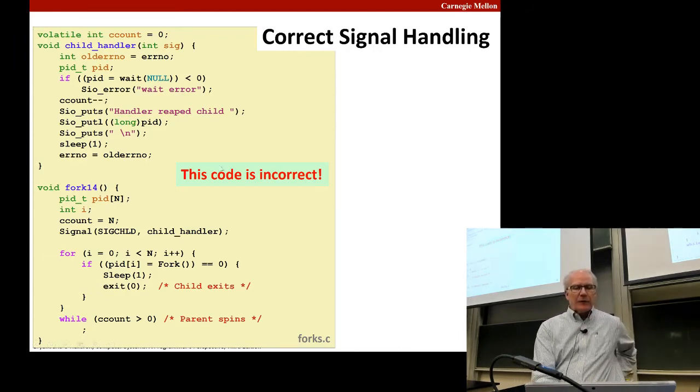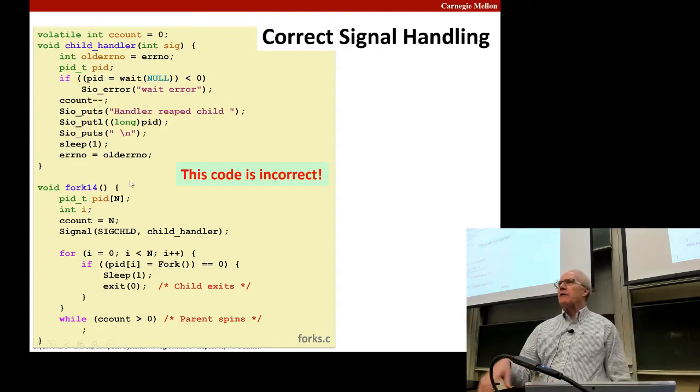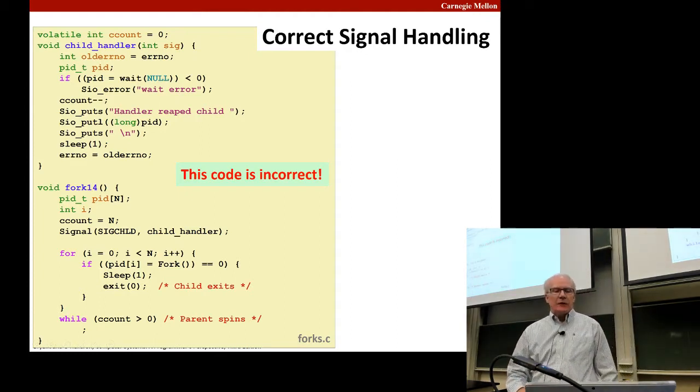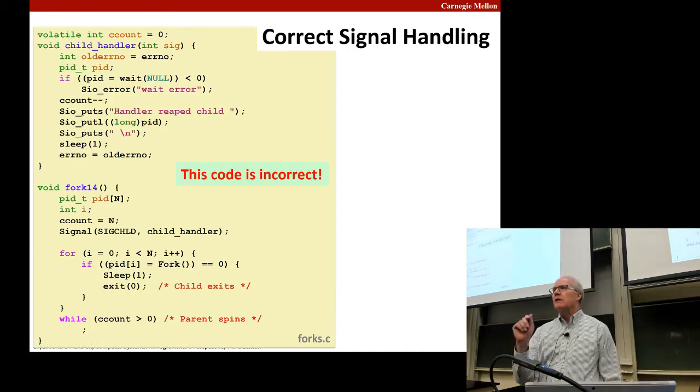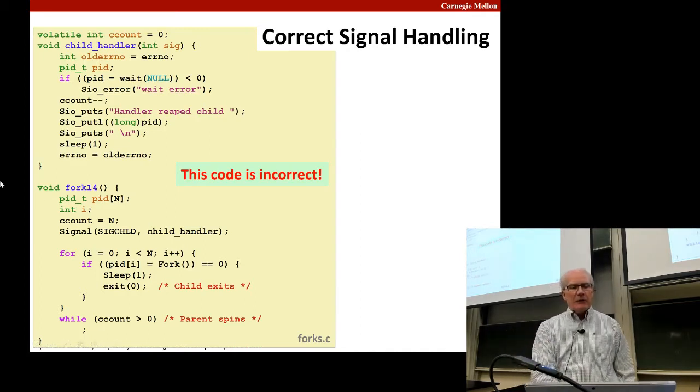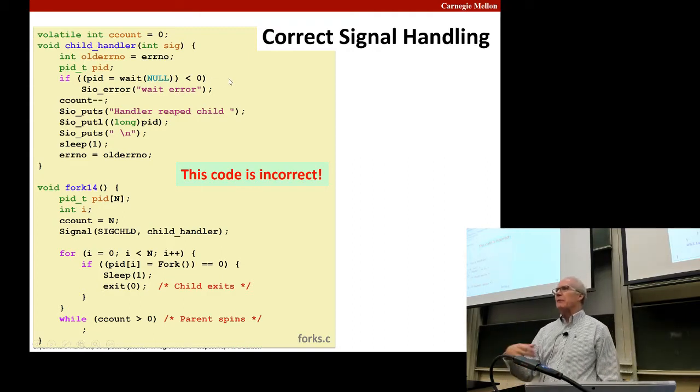The problem is this business that signals don't queue up. If multiple children exit and deliver their SIGCHLD to the parent before that signal handler gets fired up, this handler is only going to wait for one of them and reap one of them, and the rest of them won't.